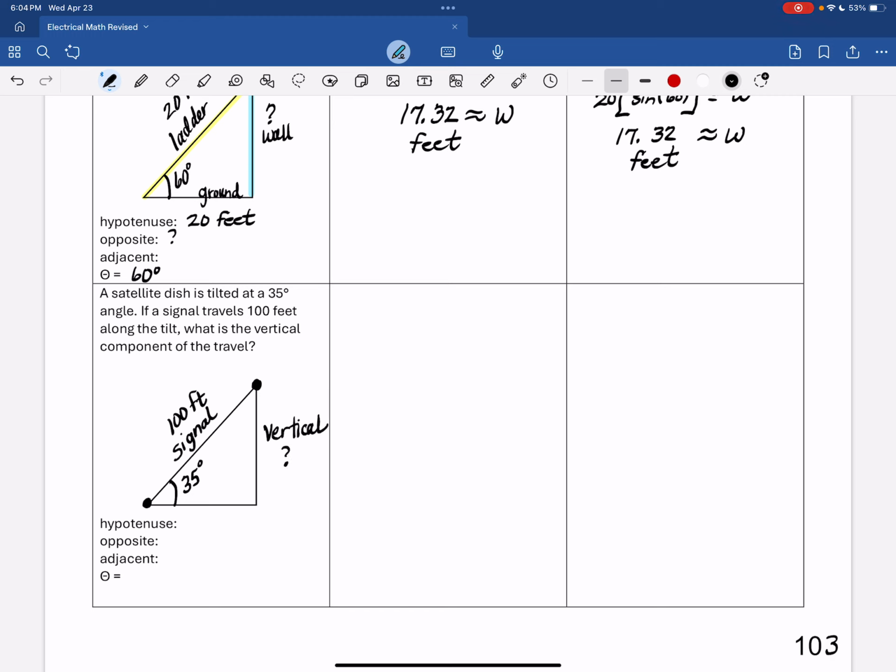So we want to know this one. We know the path of the signal. We want to know the vertical height. So we have opposite that we're looking for. We have 100 feet for hypotenuse and 35 degrees for theta. So the sine function would give me opposite over hypotenuse.